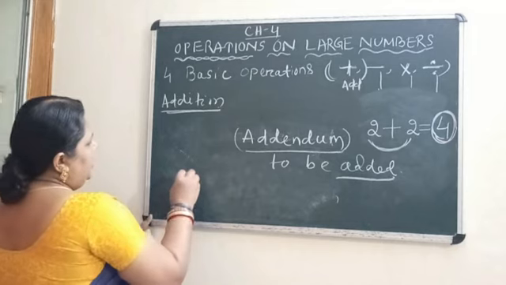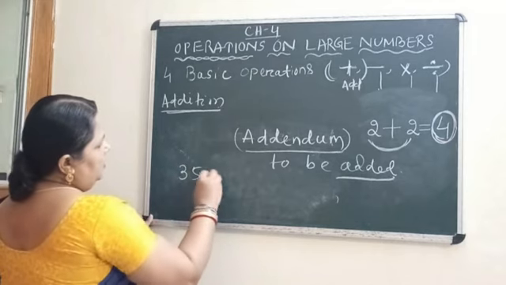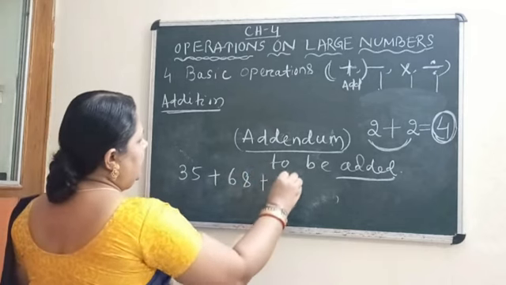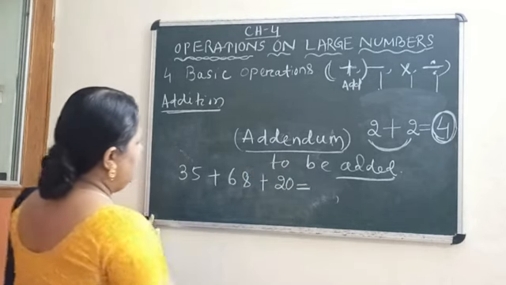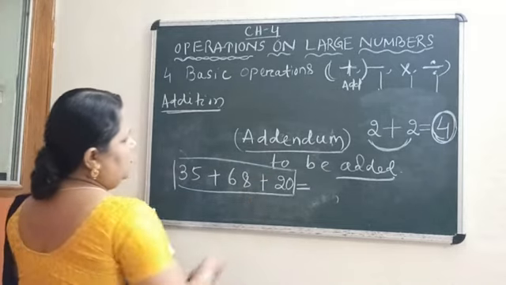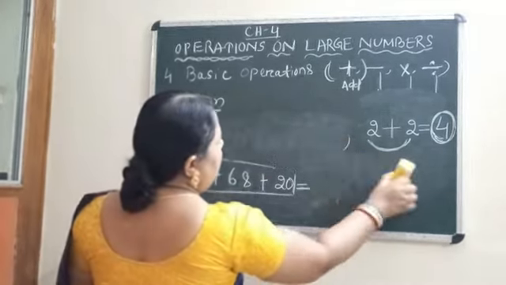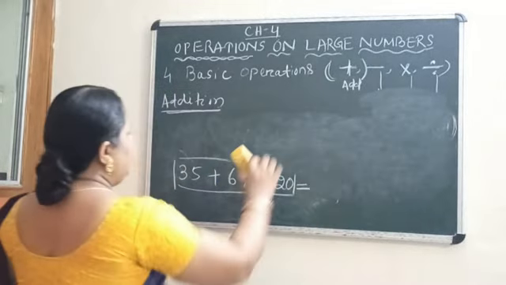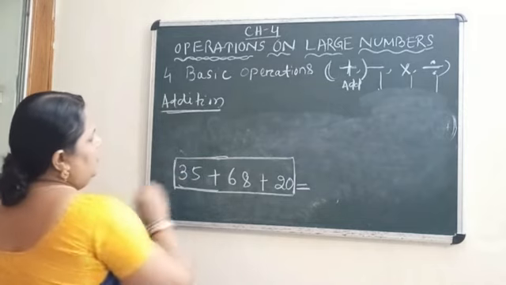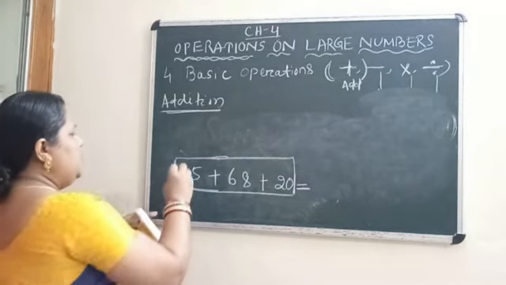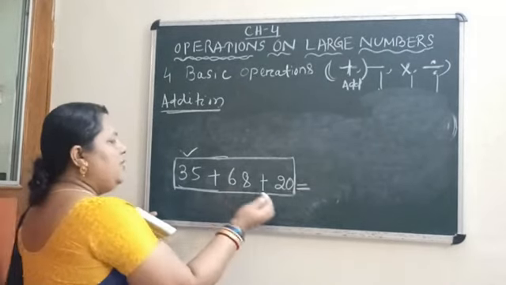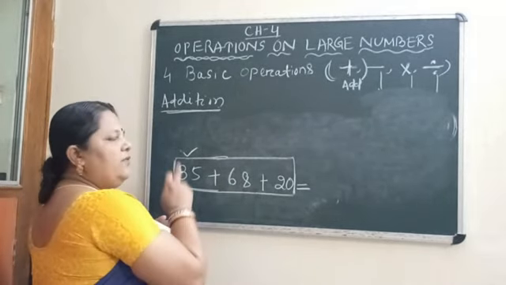Suppose I am writing here 35 plus 68 plus 20. That means we are going to mix all these 3 values. So one value is required, then we will add another value with that.